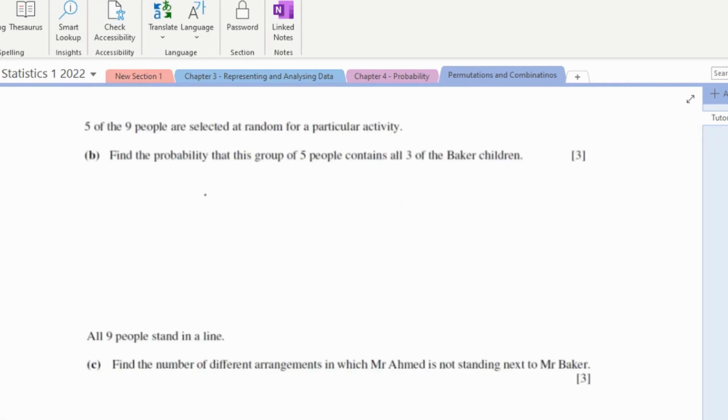Five of the 9 people are selected at random for a particular activity. Find the probability that this group of 5 people contains all 3 of the Baker children. Okay. Probability.